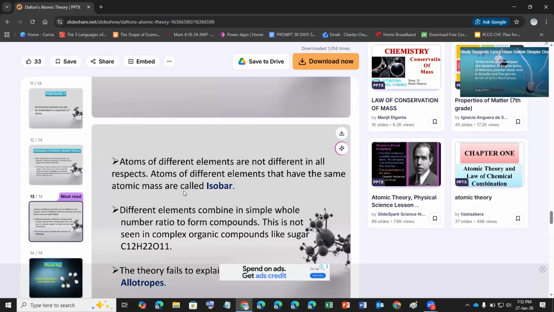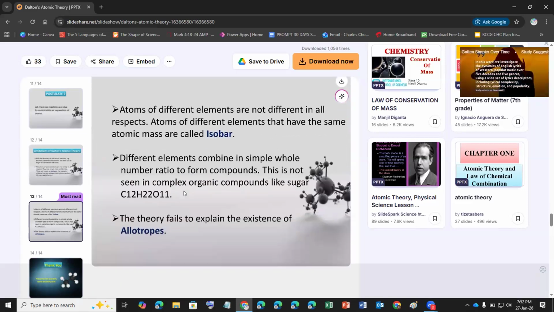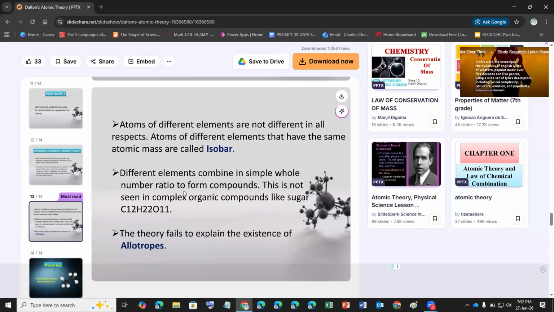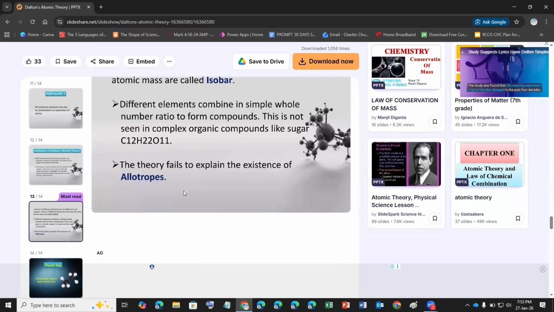I think these are other limitations. Atoms of different elements are not different in all respects, because there are atoms of different elements that have the same atomic masses. We can just take note of that. Then different elements combine in simple whole number ratios.